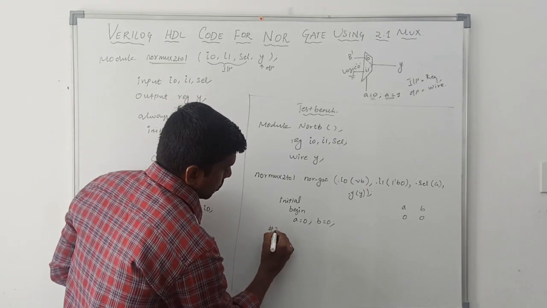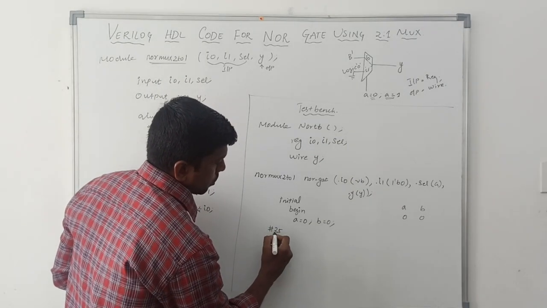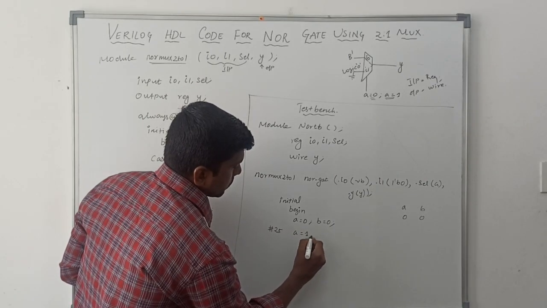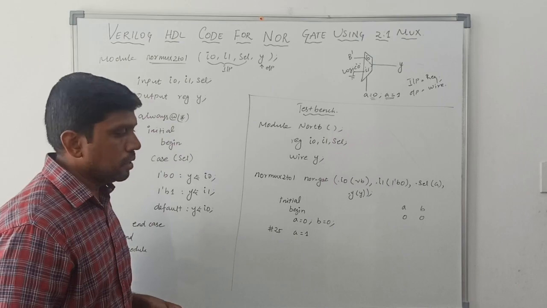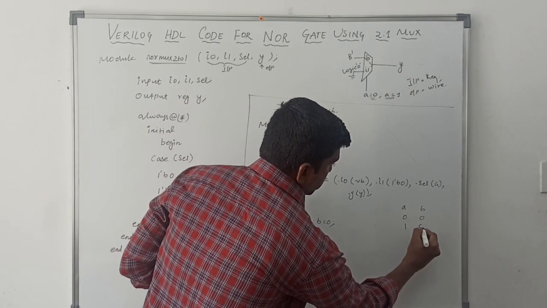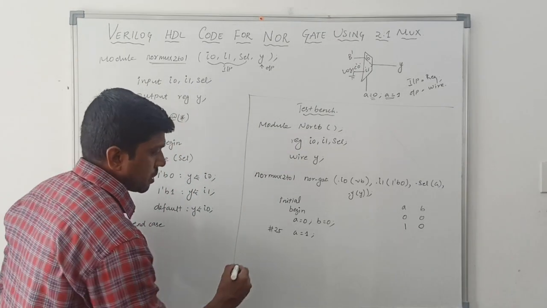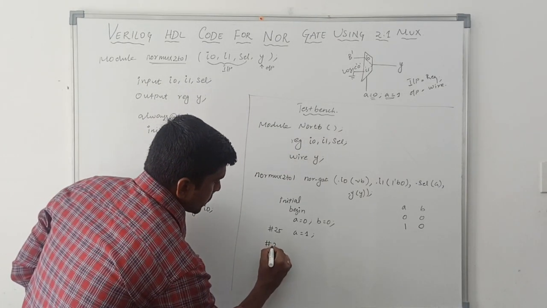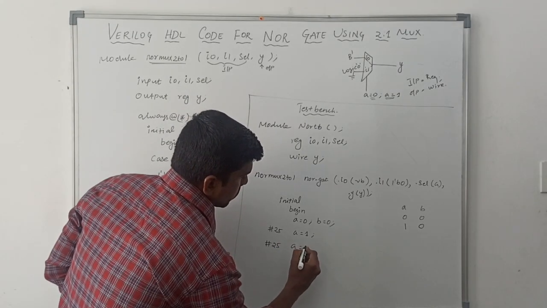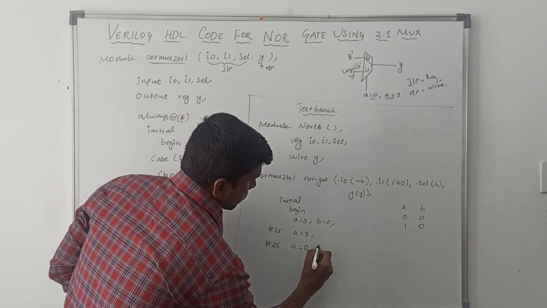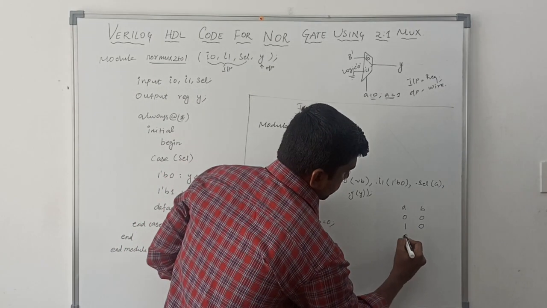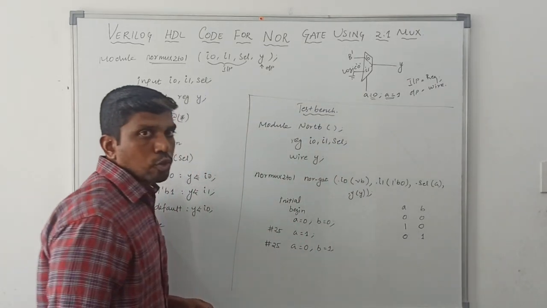After 25 nanoseconds, A value goes to 1, and B value is maintained as it is. In the next 25 nanoseconds, A value goes to 0 and B value goes to 1.